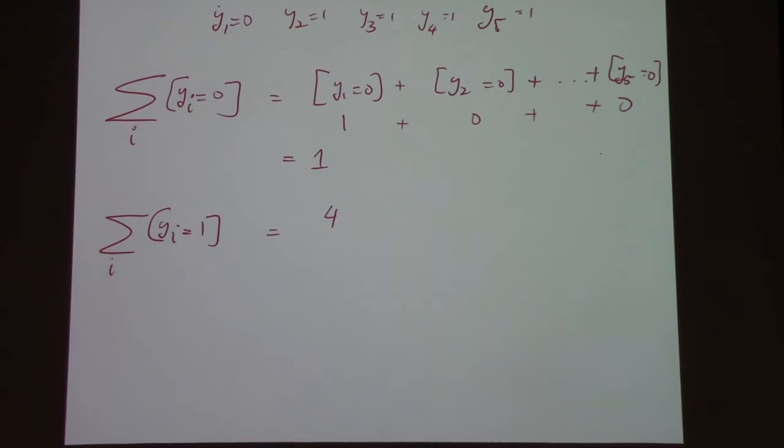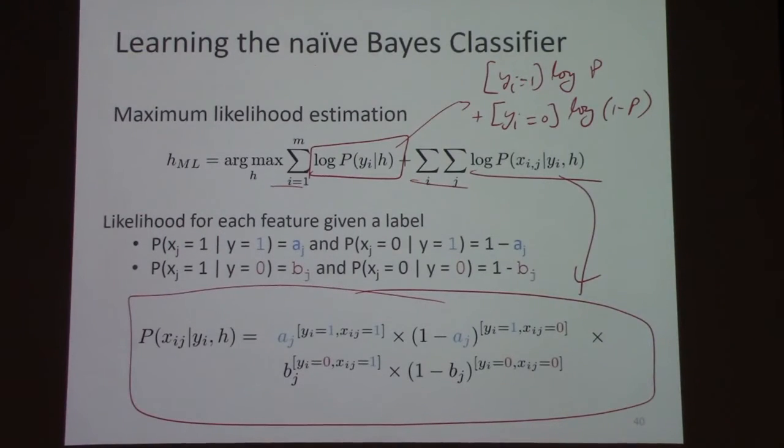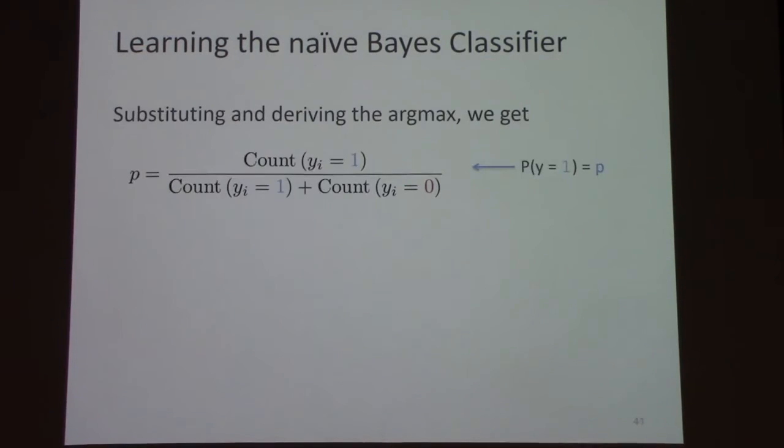This may seem like either a very obvious thing or a very boring thing, but effectively, taking the derivative of this quantity and setting it to 0 will give you many sums of indicators in both the numerator and the denominator, and what you get is exactly what you had expected.